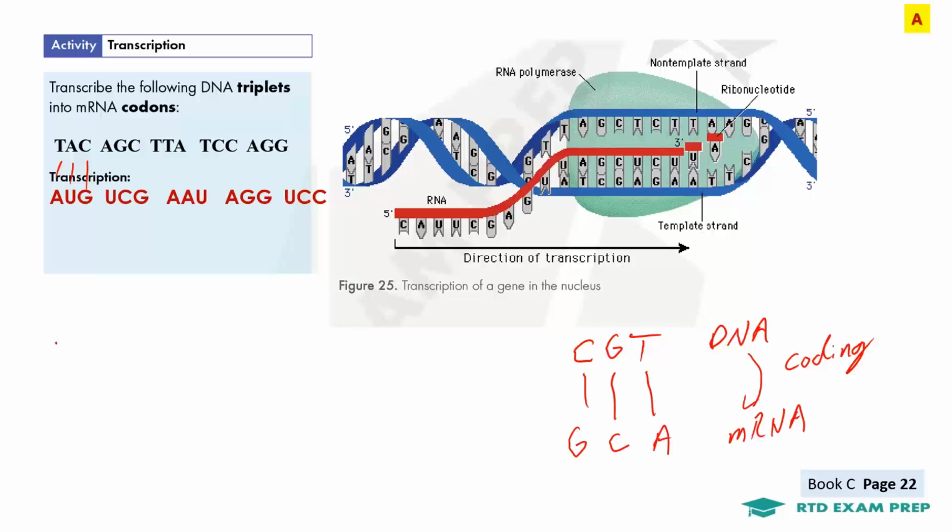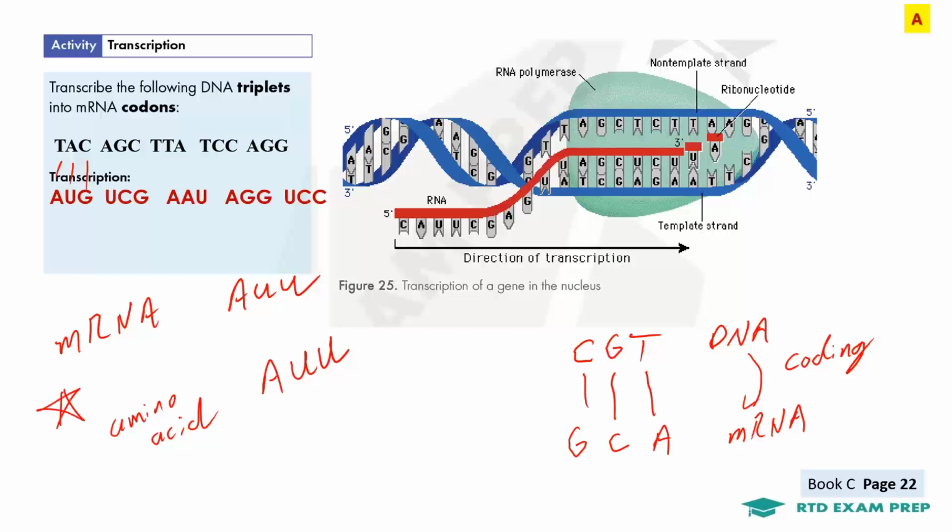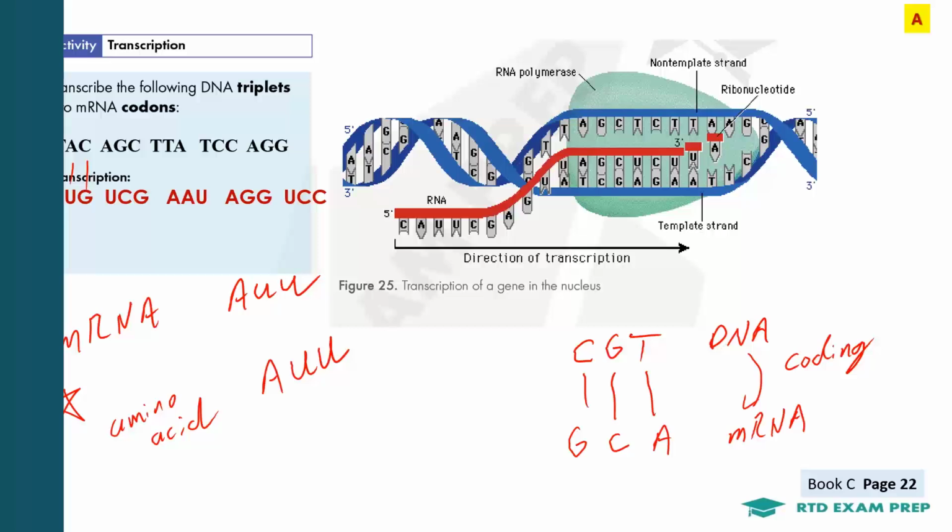What that means is, as we go through this activity, and I'll emphasize it again, if your mRNA level was AUU, then your amino acid level, it should be the exact same letters. If you've done it right, your amino acid letters will be AUU. That's key to be looking for any errors. If you're going through this, make sure your mRNA and your corresponding amino acid letters are identical.